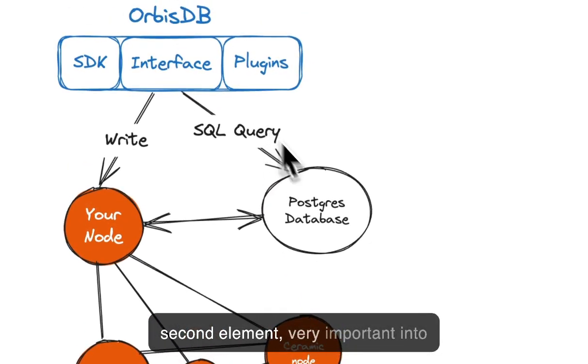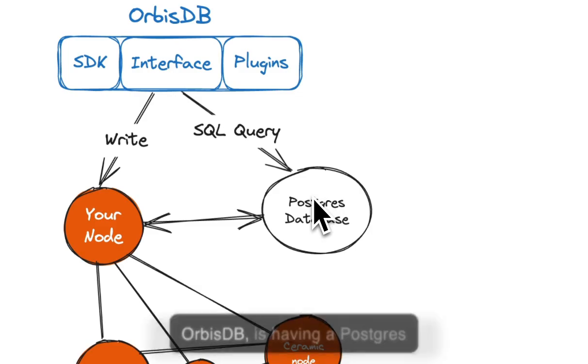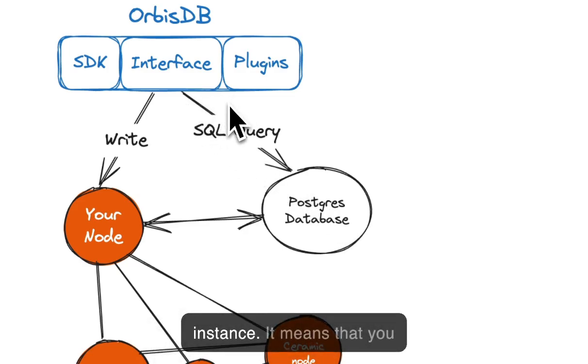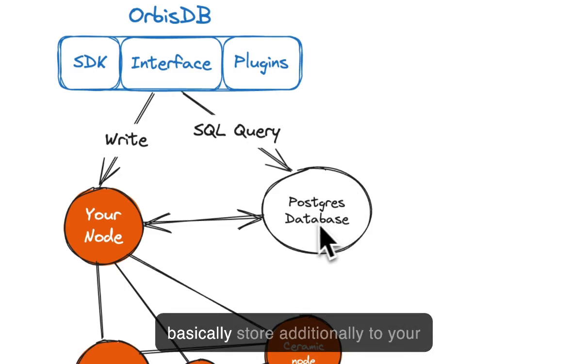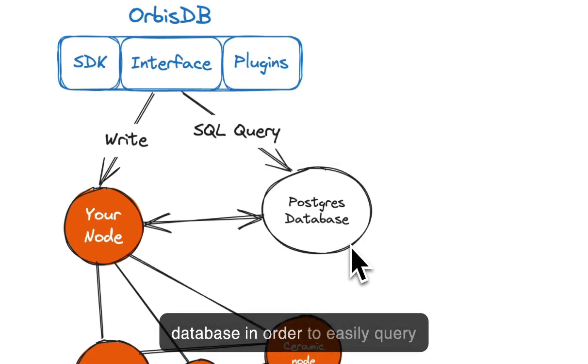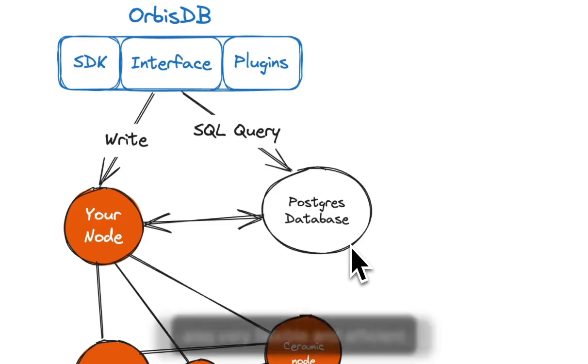A second element, very important in OrbisDB, is having a Postgres database attached to your OrbisDB instance. It means that you basically store, additionally to your Ceramic node, in a Postgres database in order to easily query this data back to your application, and also to have scalability benefits and very flexible and efficient queries.